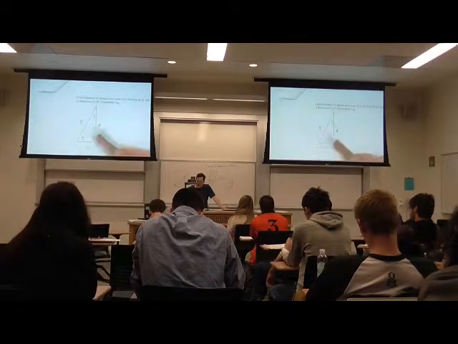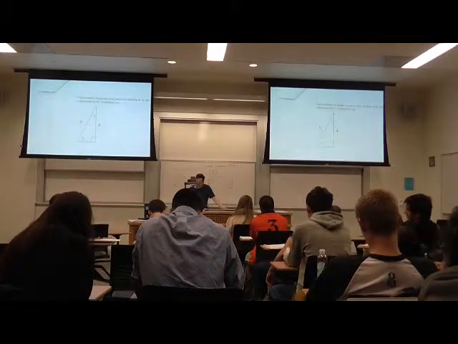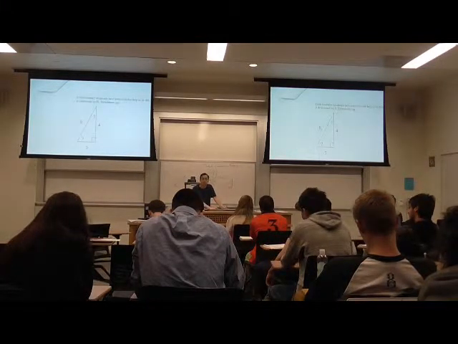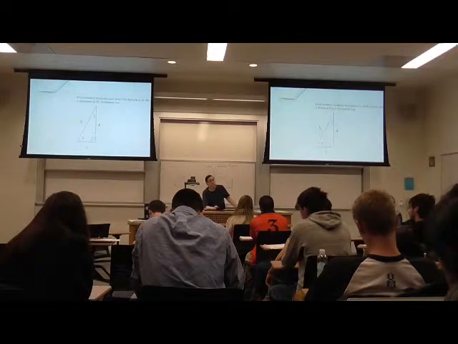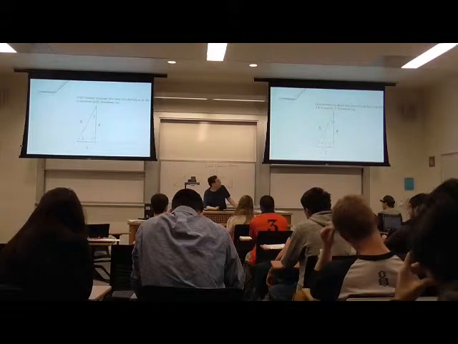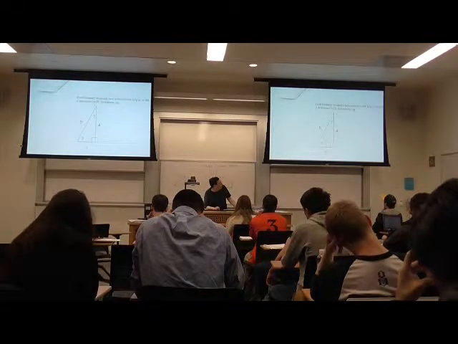We don't know what these angles are. So how are we going to find those out? This is easy. Everybody here already knows how to do this. Take a look and think it through. How do we find some information about this?